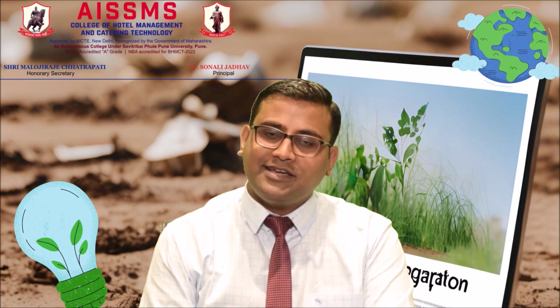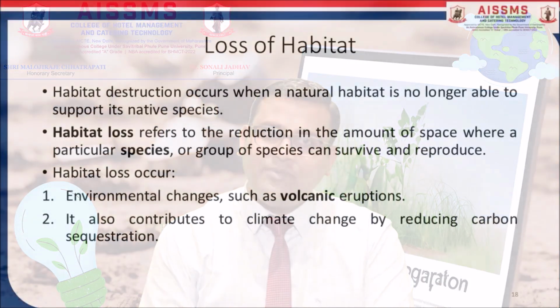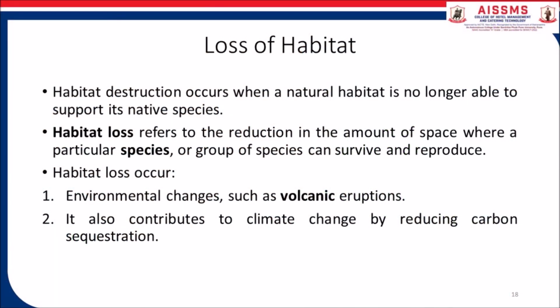The next cause of environmental degradation will be loss of habitat. Habitat destruction occurs when a natural habitat is no longer able to support its native species. Habitat loss refers to the reduction in the amount of space where a particular species or group of species can survive and reproduce.